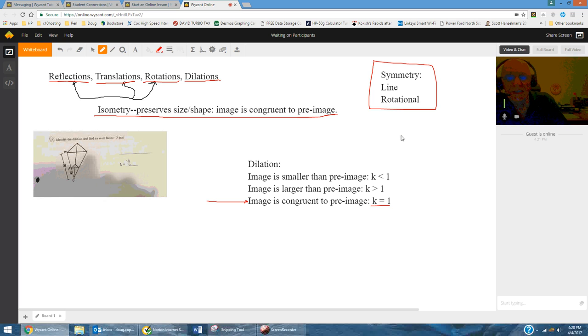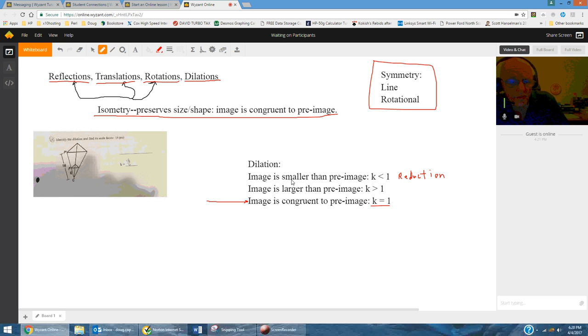But normally for a dilation, we're going to say that the scale factor is less than 1, in which case we have a reduction, because the image is smaller than the pre-image.